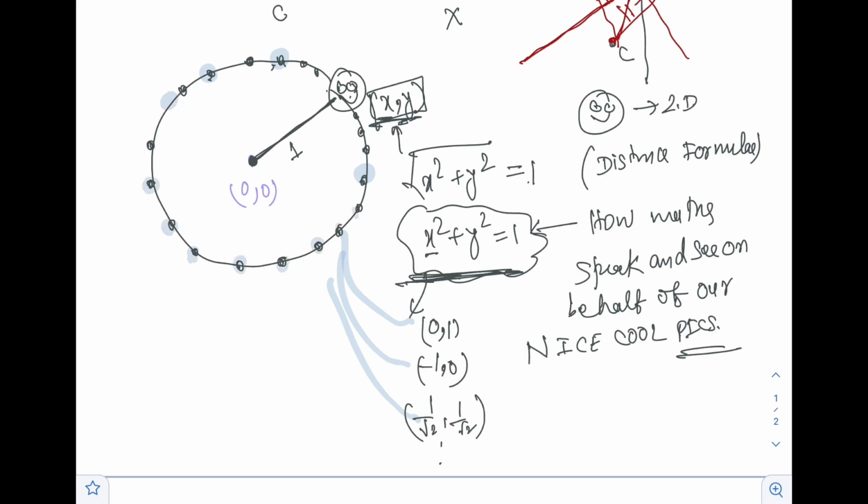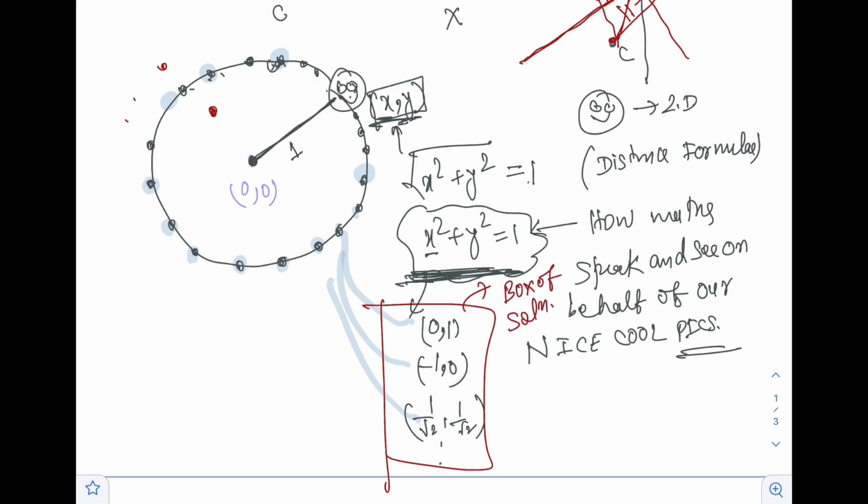So every solution of this equation will definitely lie here. It's such a disciplined child, right? It cannot be inside, it can't go outside. So all these solutions, the bundle or the box of solutions that you'll make out of it, will lie on the circle. Okay, so this is the fundamental idea behind locus.